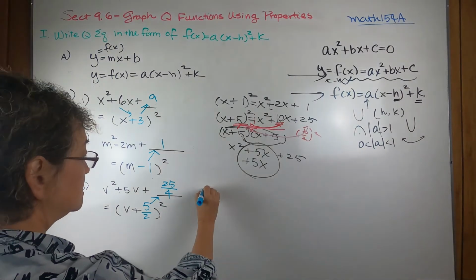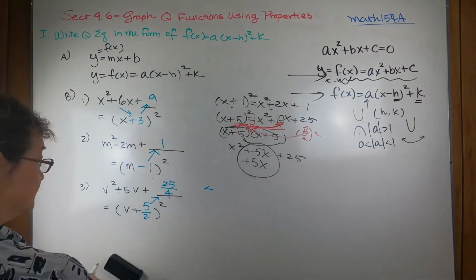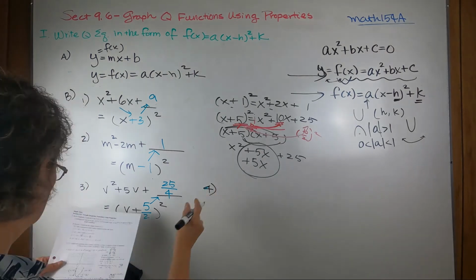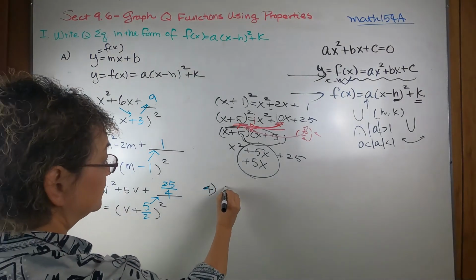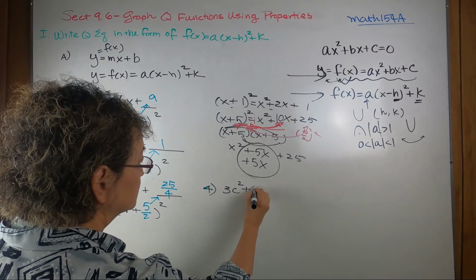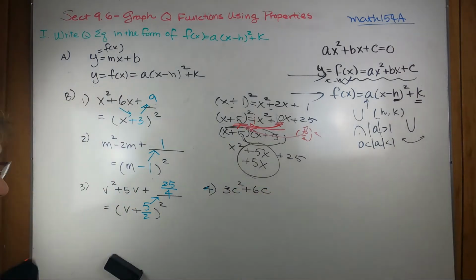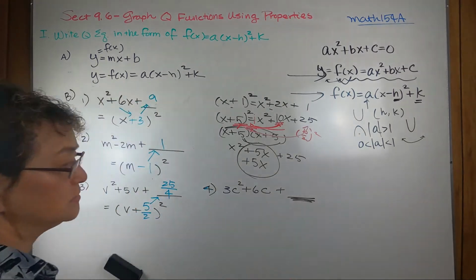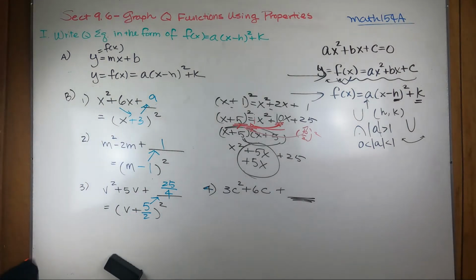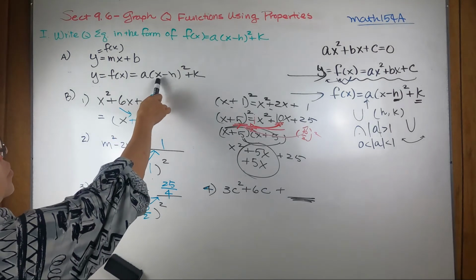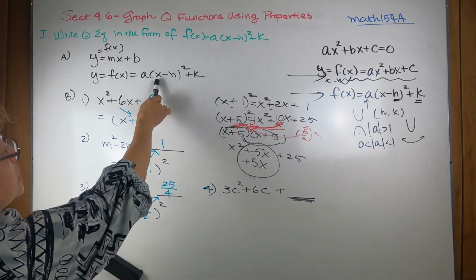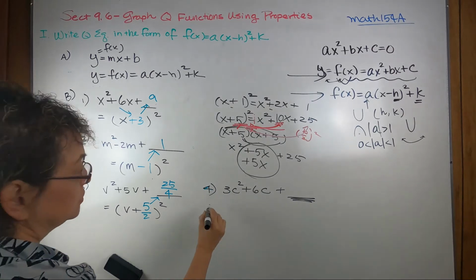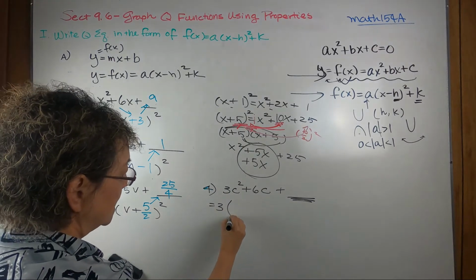So let's see, number 4. Next one. If I have 3c squared plus 6c, and I want to make a complete square, which number do I need? When we do it, we want the leading coefficient to be 1, but it's 3 here, so we take a 3 out.